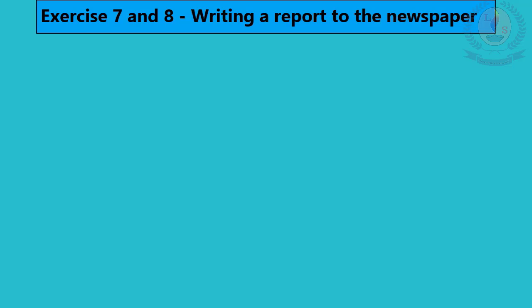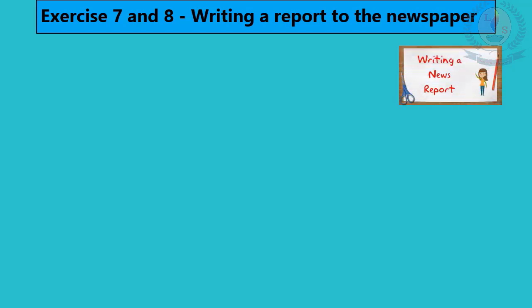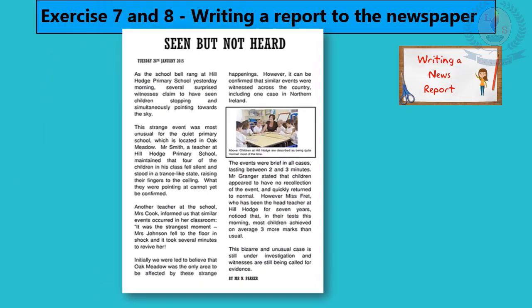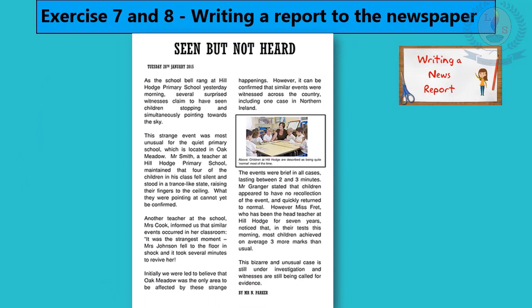Exercise 7 and 8 in page 148 are about newspaper reports. Here I have given you another model newspaper report. Seen but not heard. Then you see that is the headline, and then you see the date, and at the bottom you see the name of the reporter.